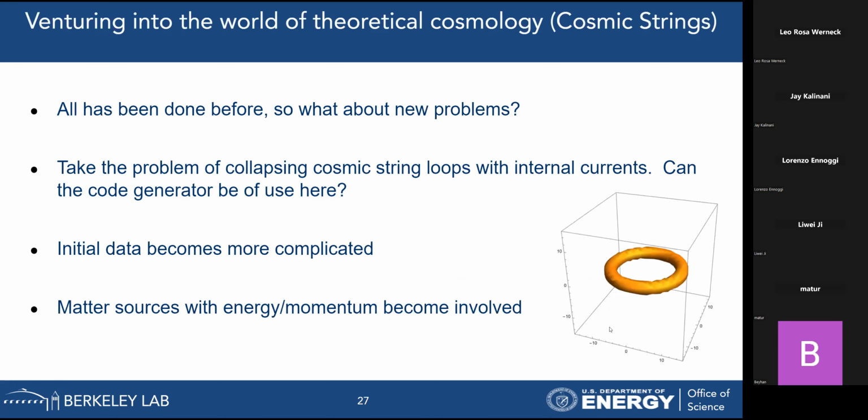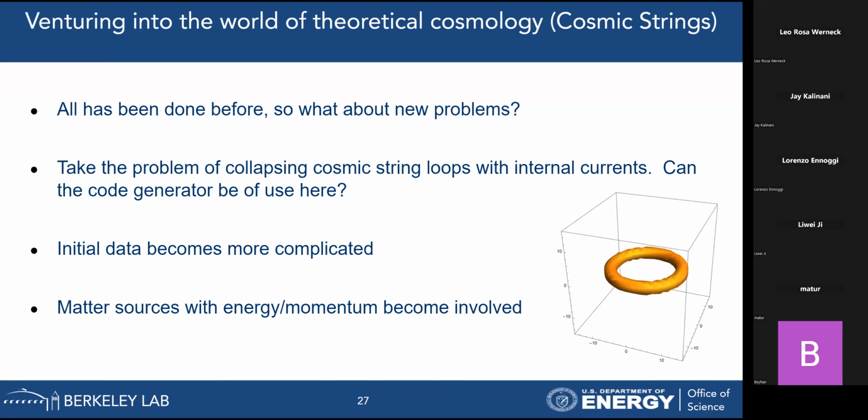Okay, so this has all been done before. Of course, the Einstein Toolkit is perfectly capable of handling all of this. But once we got this working in AMReX, we started to ask questions like, well, what's something that hasn't been done in the community?